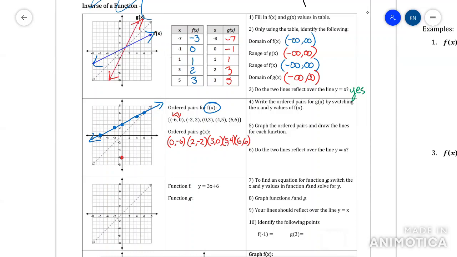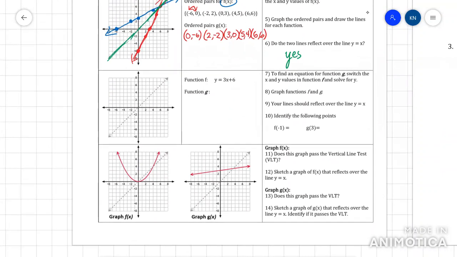So 0, -6, 2, -2, 3, 0, 5, 4, and 6, 6. So g of x, the red line, looks something like this. Okay, and so you'll see that, again, just by flipping those xy coordinates, it reflects them across this green line right here, y equals x.